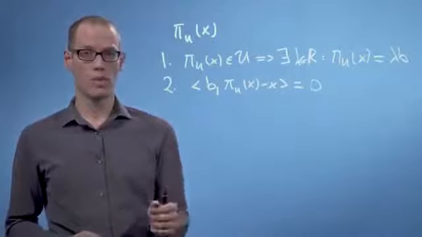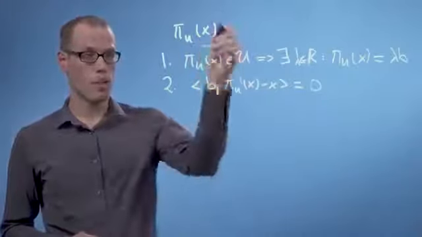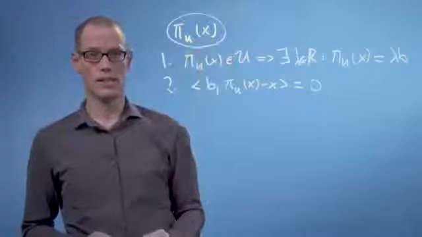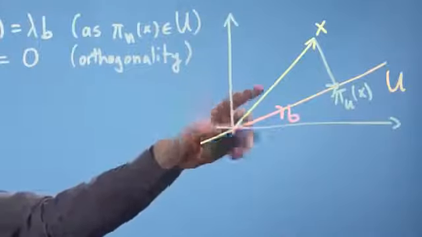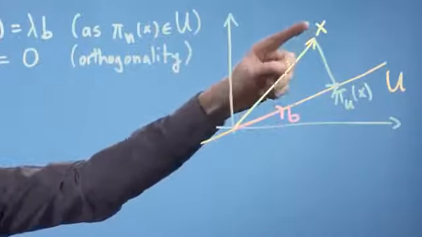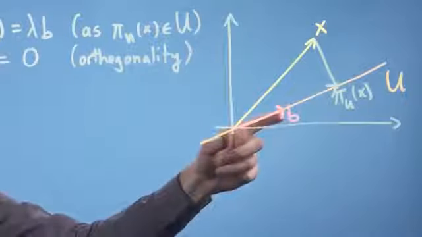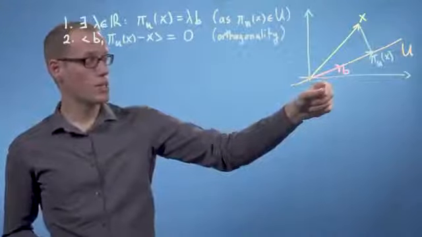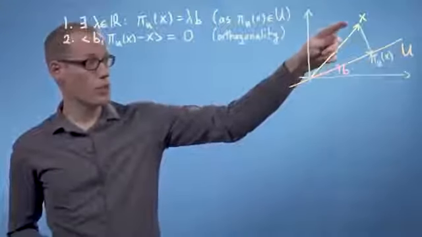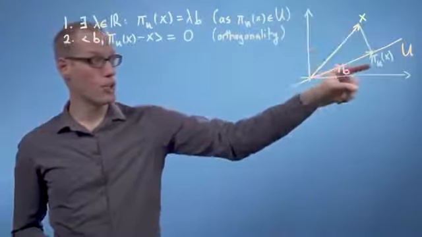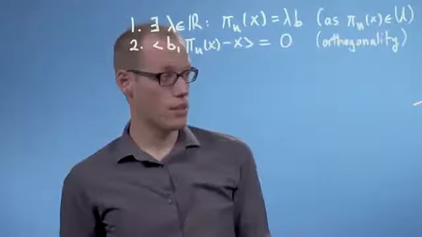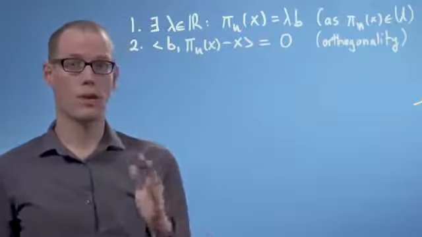Now let's exploit these two properties to find pi u of x. I've drawn the setting once more over here. We have a two-dimensional vector x. We have a one-dimensional subspace U, which is spanned by the vector b. And we're interested in finding the orthogonal projection of x onto U, which we call pi u of x. And we have two conditions for pi u of x.